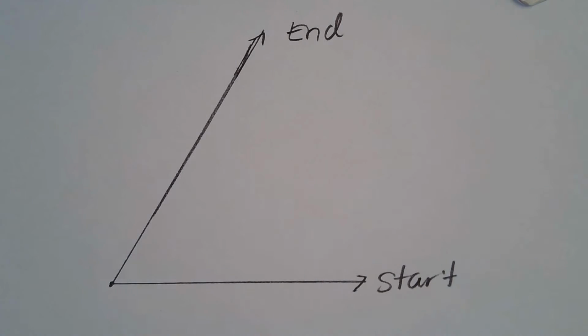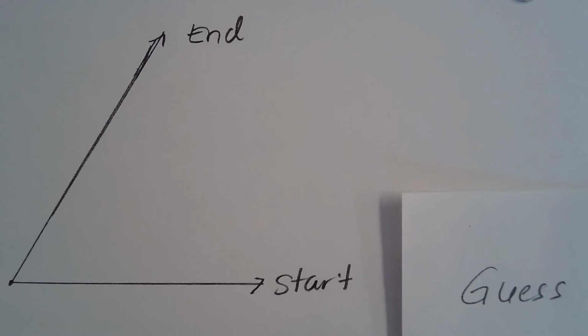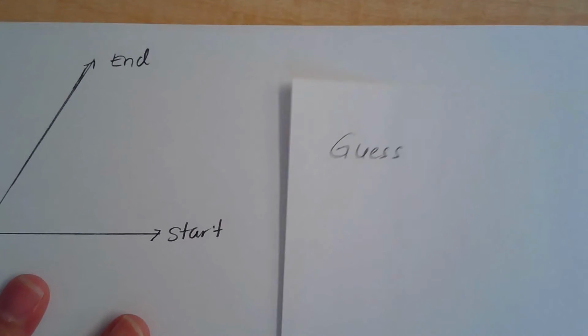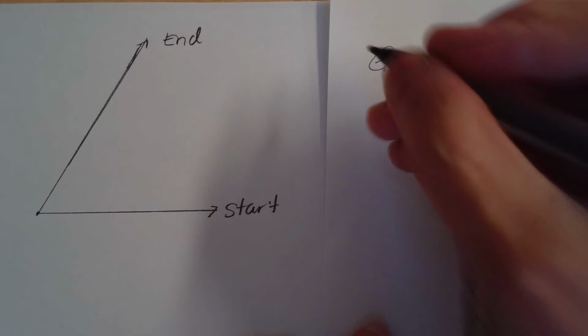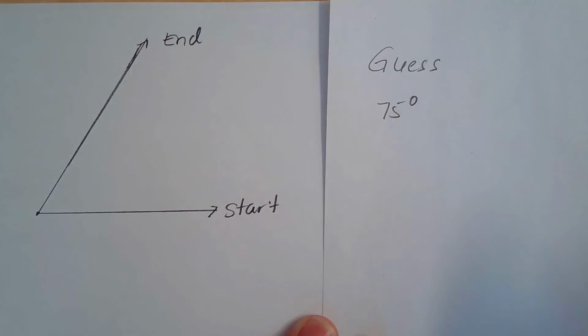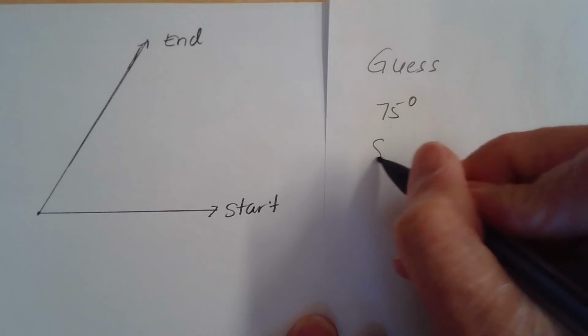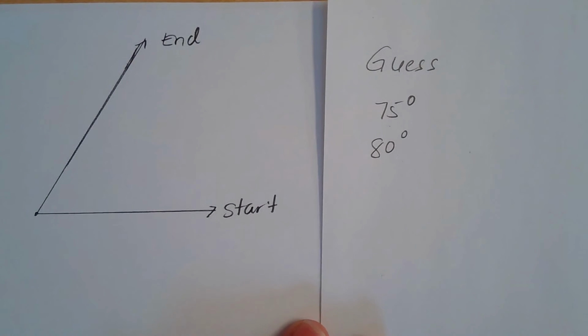70. So these are the guesses, okay? 75. You say, okay, this is guesses. I'm not gonna write down everyone's name, but let's just do a guess here. 75? 80. Okay. 75 degrees? 80? Okay. I feel like we're in a game. 55.